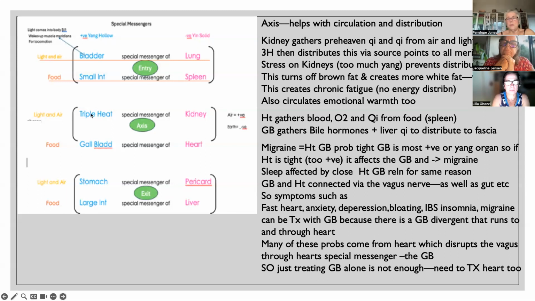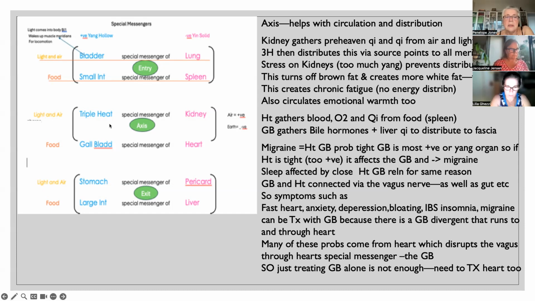Now, I had a shoulder problem, which I still have some problems with. Because of where it was, I had torn the rotator cuff. Kevin said, that's triple heater. So he was treating the Yuan source point of triple heater.